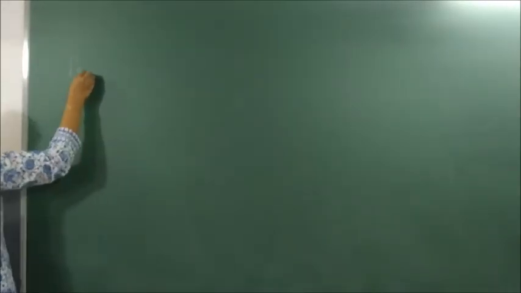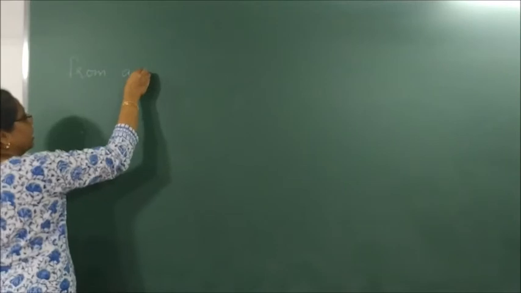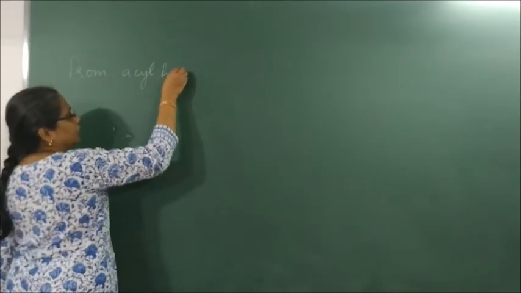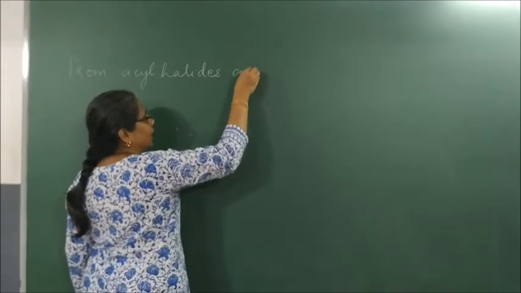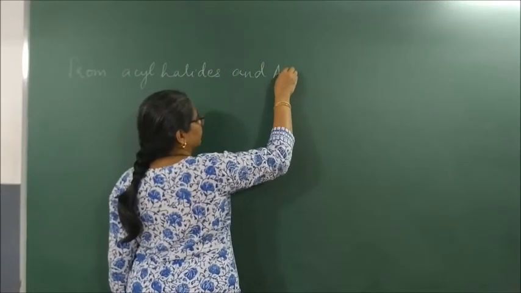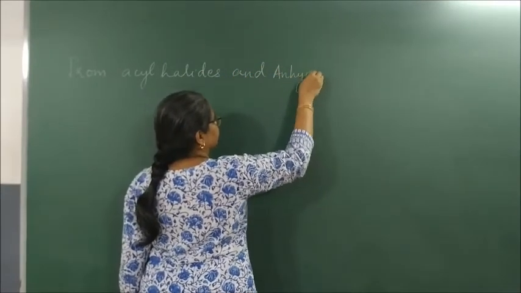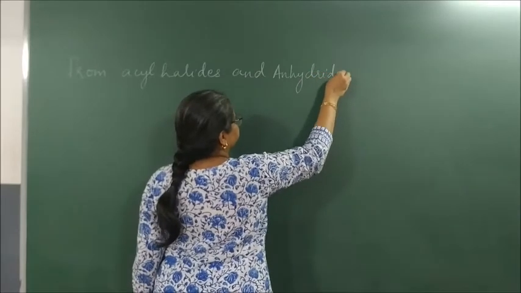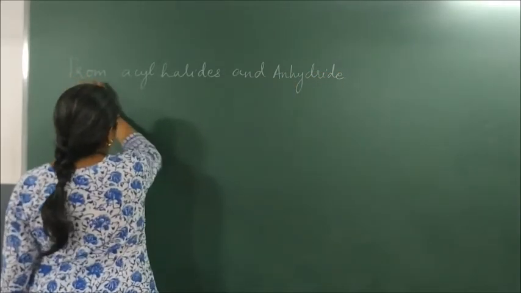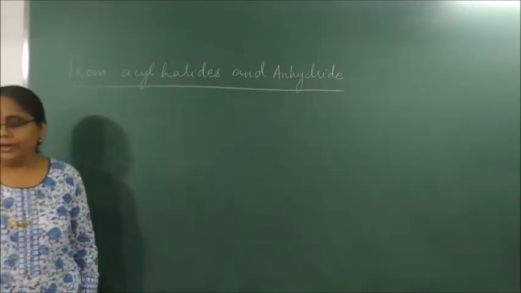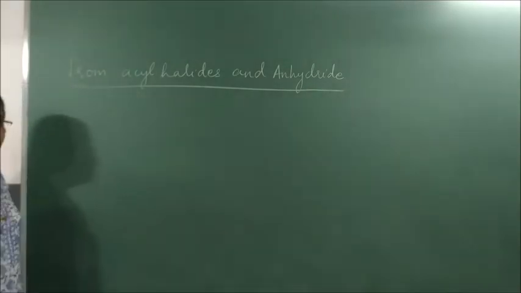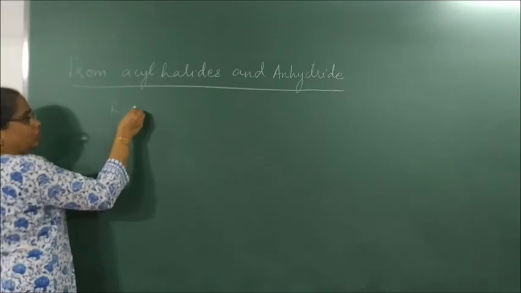From acyl halides, RCOCl, from acyl halides and anhydride. Acyl halide has the formula RCOX.